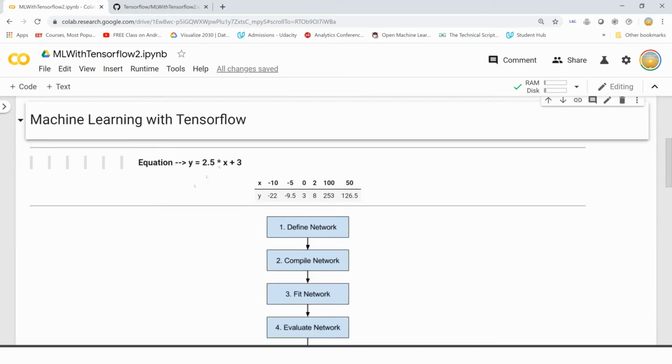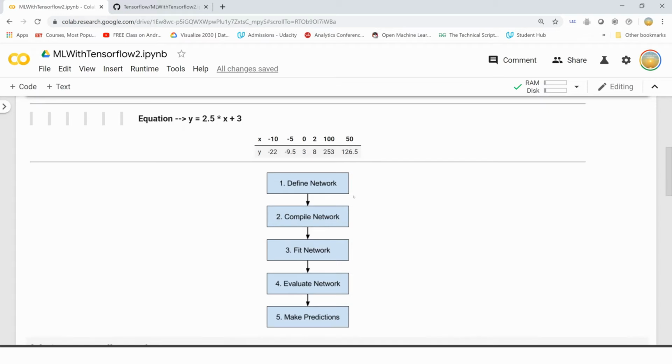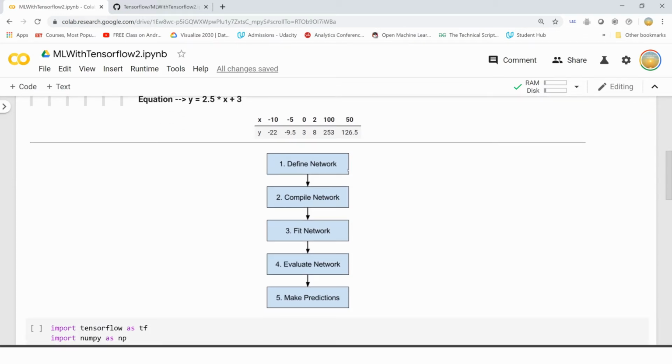So suppose for the same equation, 2.5 times x plus 3, I have these inputs and respective outputs, I'll do this. I'll define my network, I'll compile the network. The network, as I had explained, will have one input layer, one hidden layer, and one output layer. Next, I'll fit that network to the given inputs and outputs.